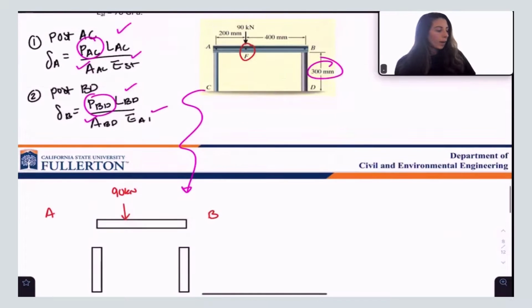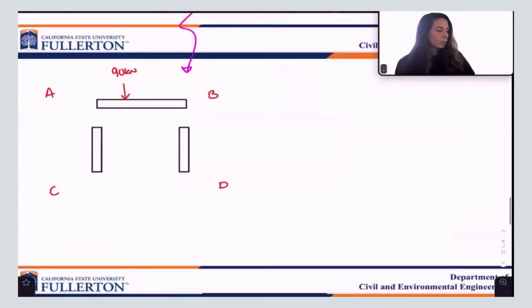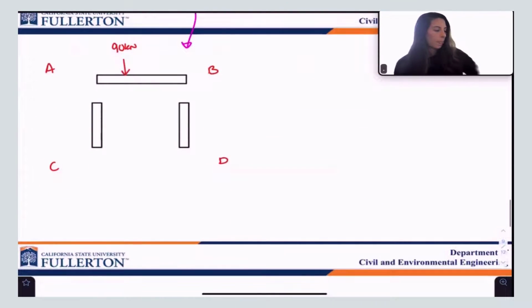Well, we also have connections at AB, right? So we have to have some force. Let's say we have an AY. That means we have an equal and opposite force acting on member AC. Since this is an axially loaded member, we don't need to worry about any forces in any other direction except the forces that act in the axial direction.